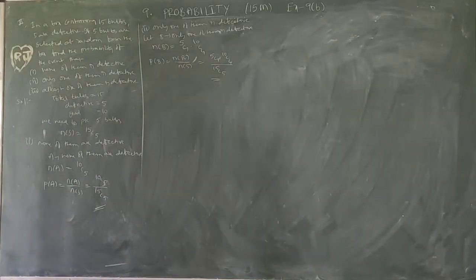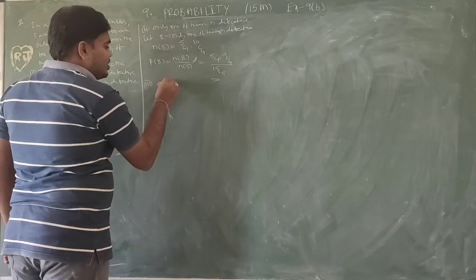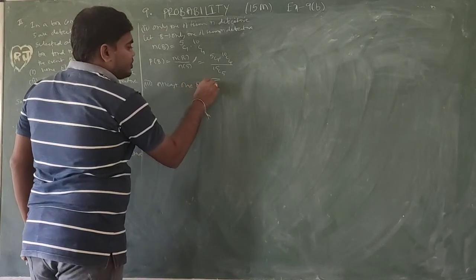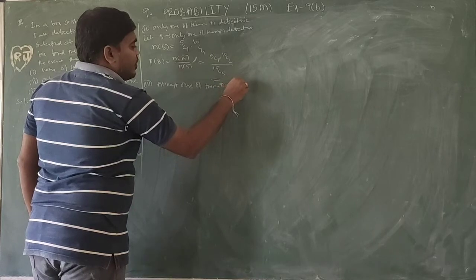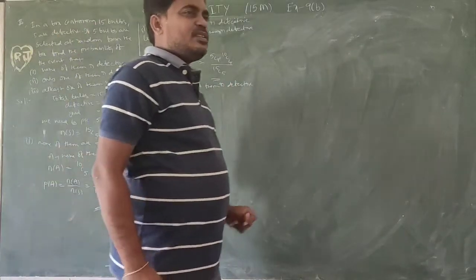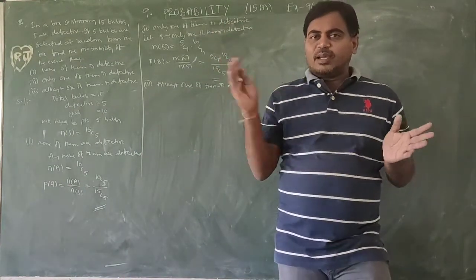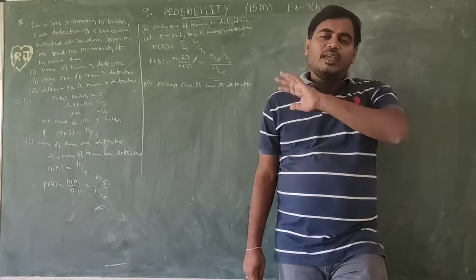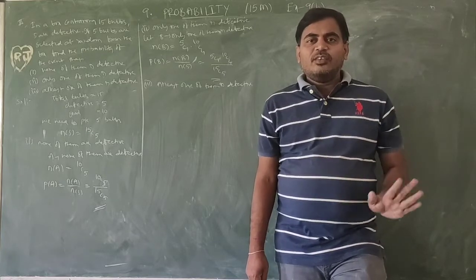Next, third one: at least one of them is defective. This means we must collect either one defective, two defective, three defective, or all defective, so a minimum of one should be defective.